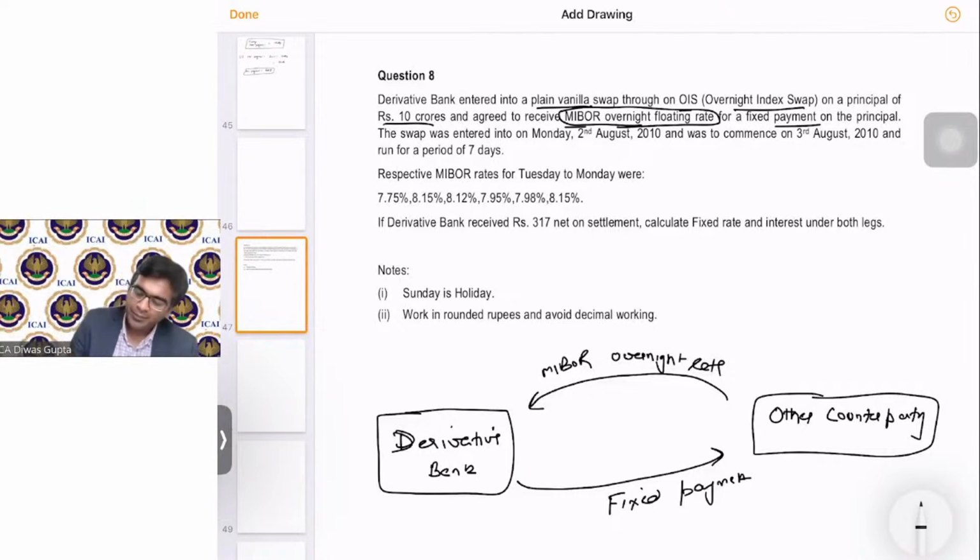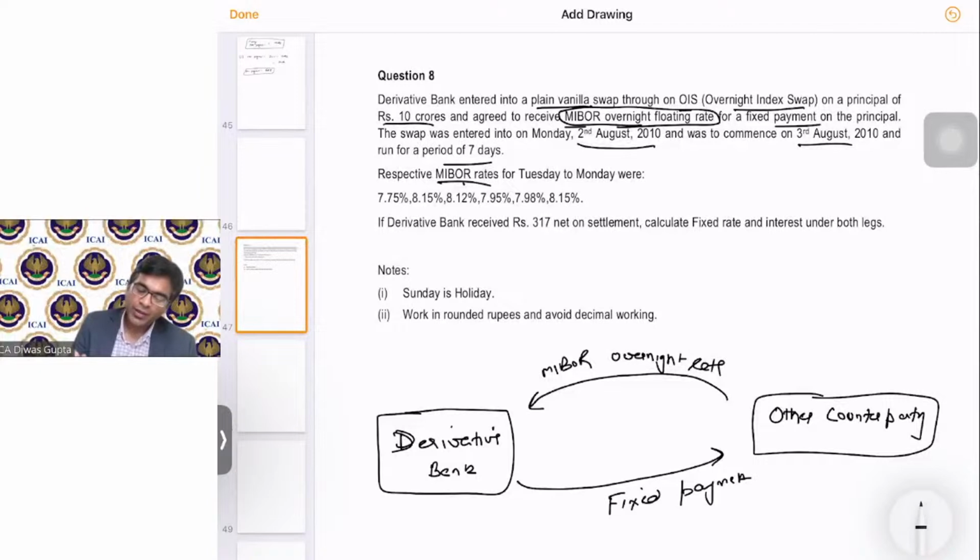The swap was entered into on Monday, 2nd of August 2010 and was to commence from 3rd August 2010. So they entered into the swap on Monday, but the actual execution will happen the next day, Tuesday, and run for 7 days.